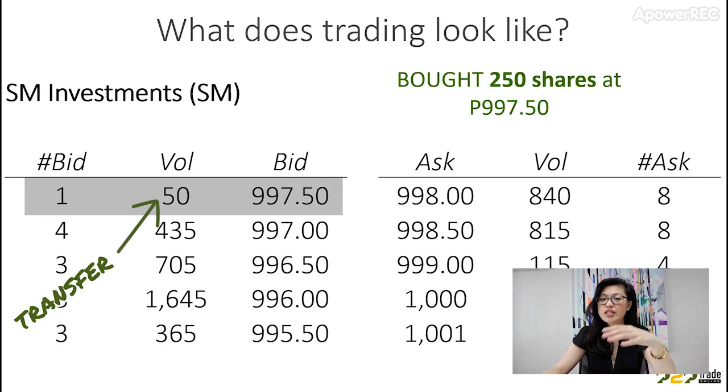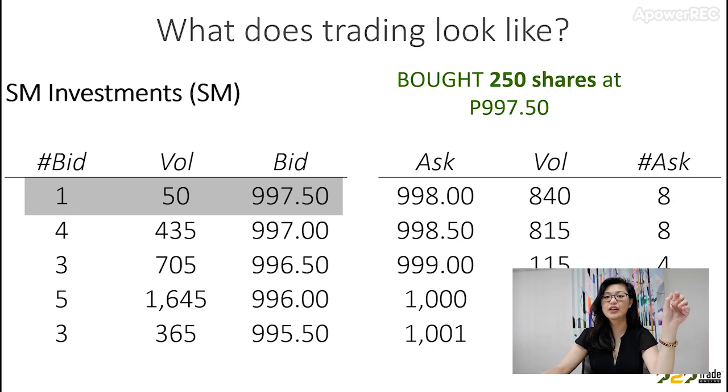So magta-transfer yun sa left side kasi you represent a buyer, di ba? So, buyer ka, doon ka sa bid side. Now, you have to wait for someone willing to sell 50 shares at your specified price, which is 997.5. So, the moment na may magbenta at that price, 50 shares or more, your order would be done.